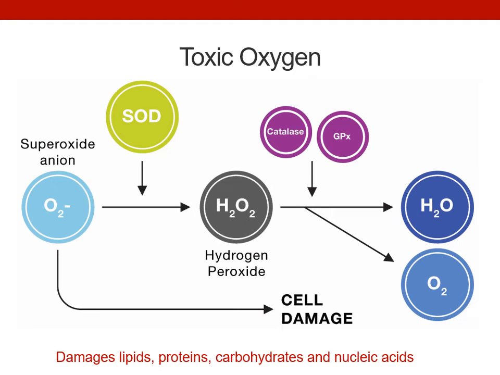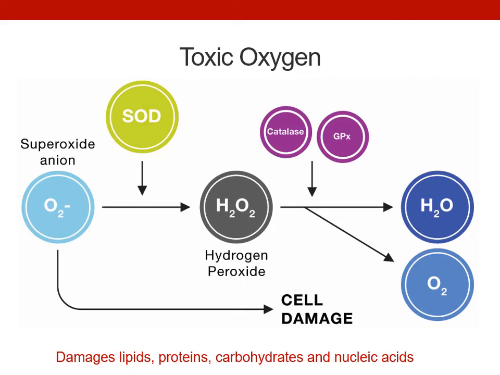This figure shows the toxic oxygen species that are formed during aerobic respiration with oxygen. The first toxic molecule that is formed from use of oxygen is the superoxide anion, which can cause major cell damage. Organisms that produce the superoxide dismutase enzyme can convert the superoxide anion to hydrogen peroxide.